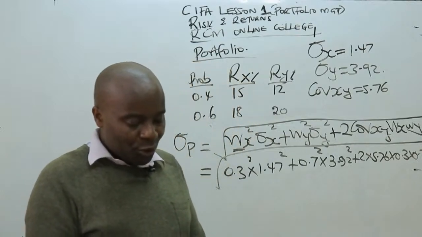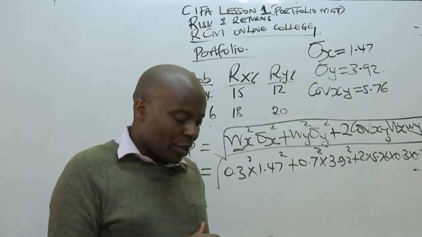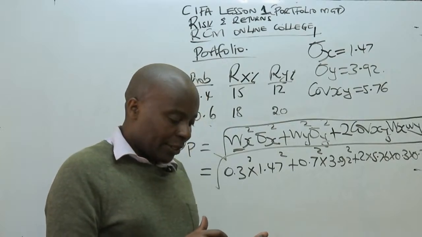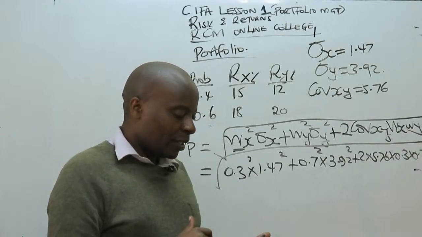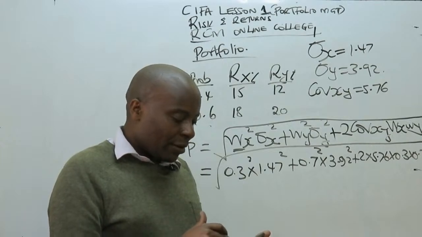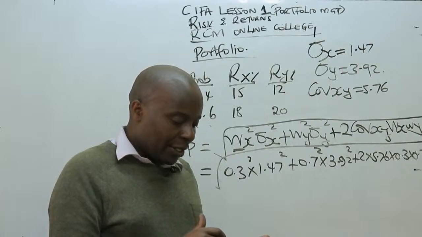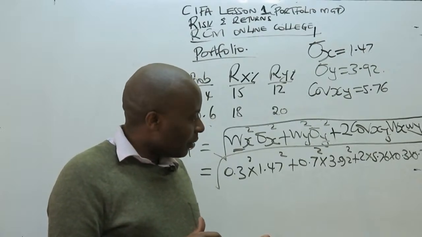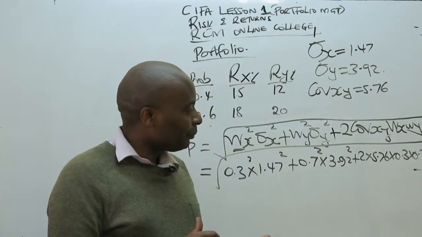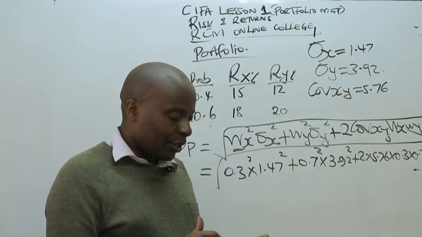So from there, what do we do? Our calculator is now at work. We have 0.3 squared times 1.47 squared, plus 0.7 squared times 3.92 squared, plus 2 times 5.76 times 0.3.